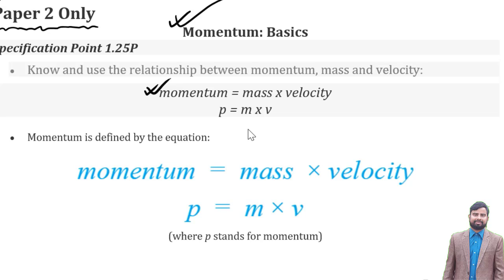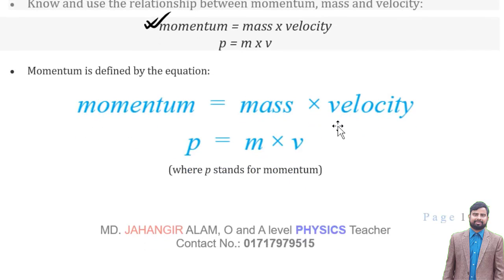Momentum is defined by the equation momentum equals mass times velocity. Remember, momentum is a vector quantity because it has both magnitude and direction. The direction of the momentum will be the direction of the velocity. Velocity is a vector quantity, that's why momentum is a vector quantity.